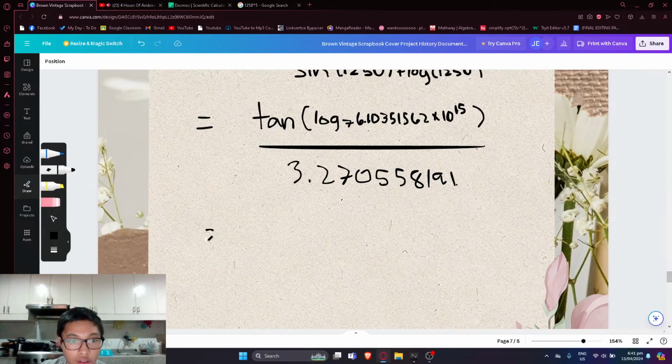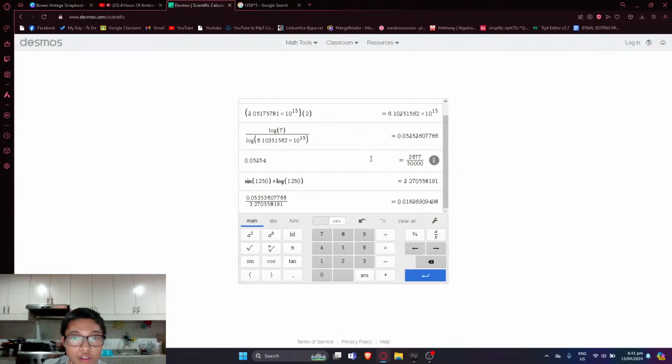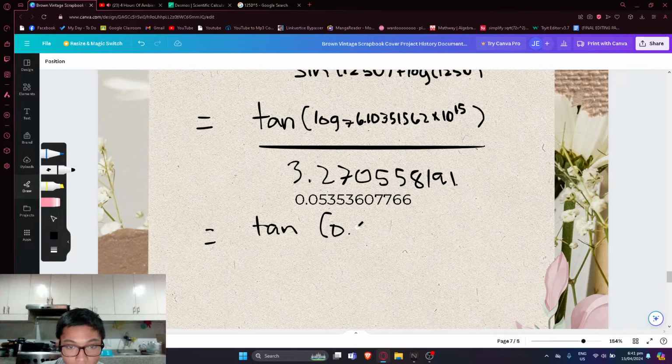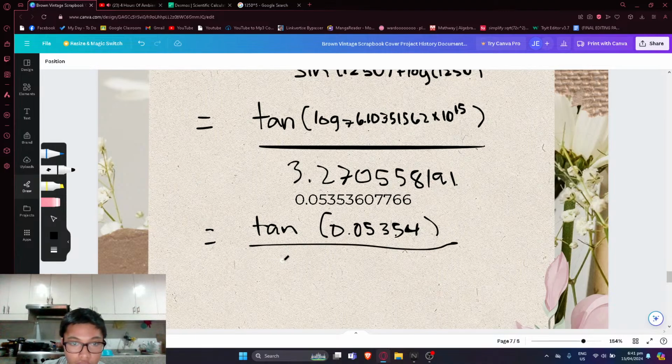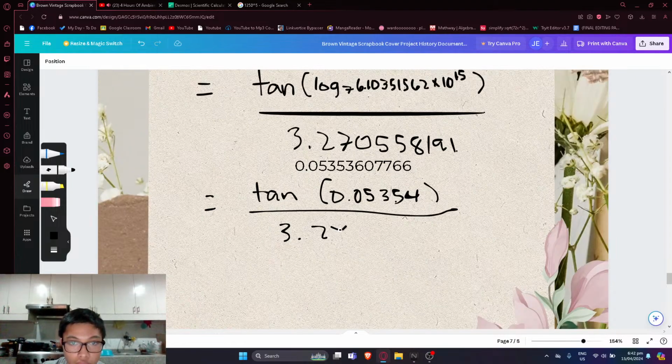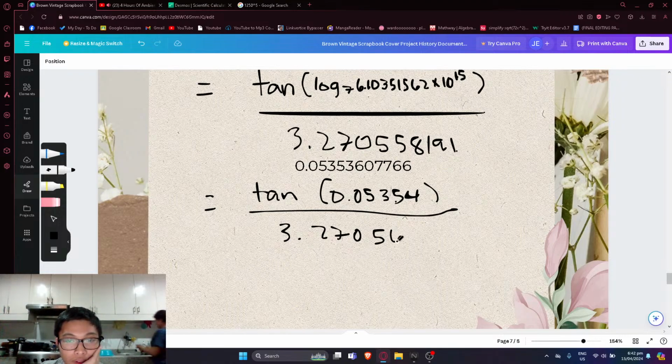Let's draw again. Equals tan of, what's our answer here? So 0.05354 divided by 0. 3.274556.